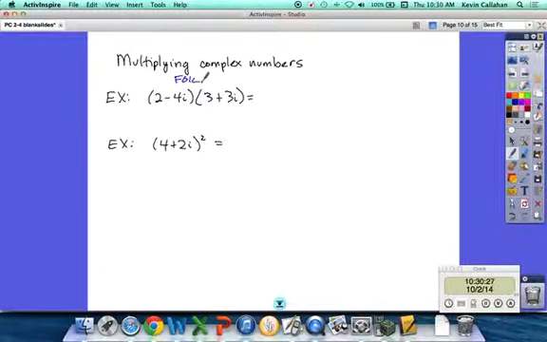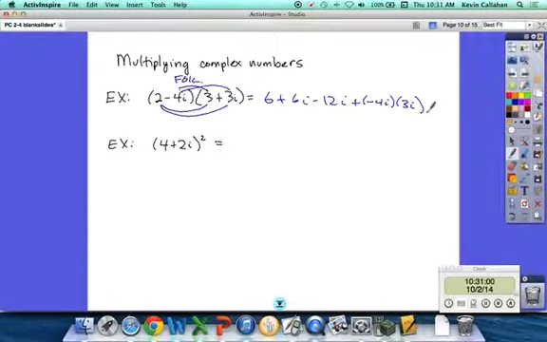So the first terms, right? 2 times 3, 6. The outer terms, 2 times 3i, 6i. The inner term, 3 times negative 4i. And the last terms are negative 4i times positive 3i. Let me write that out. Negative 4i times positive 3i.